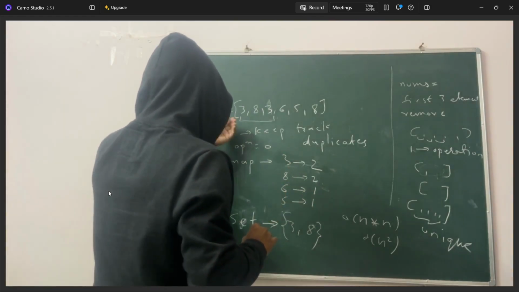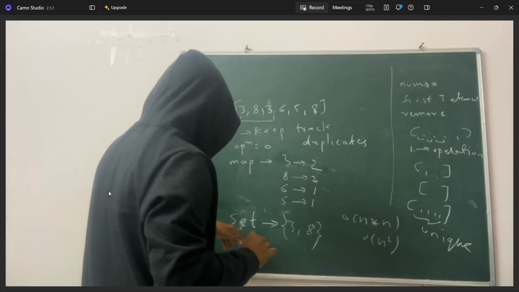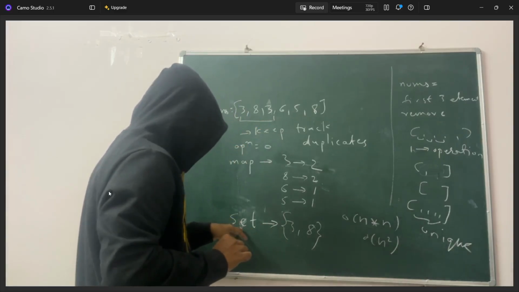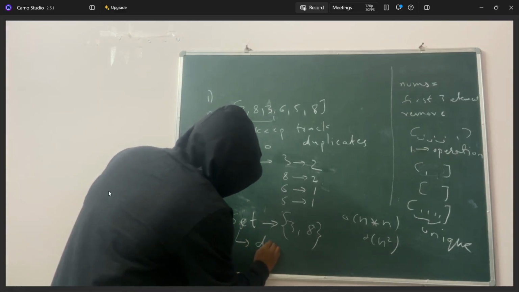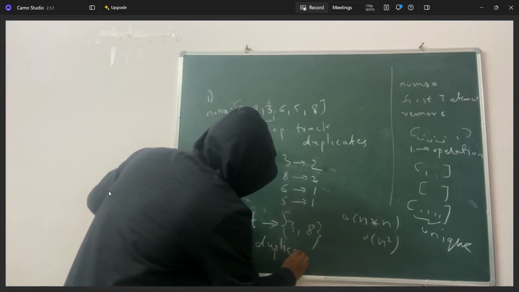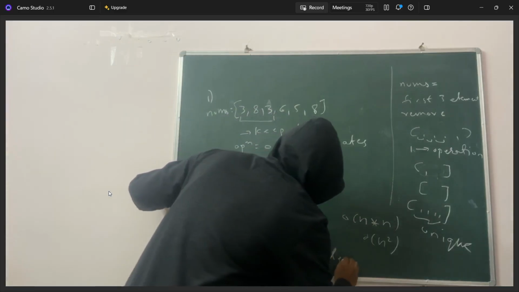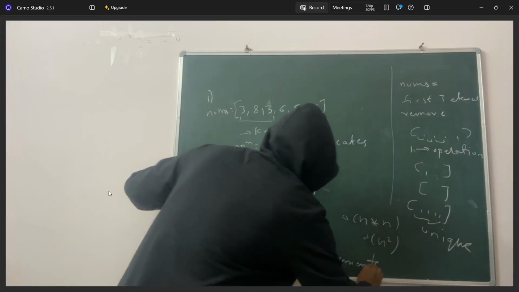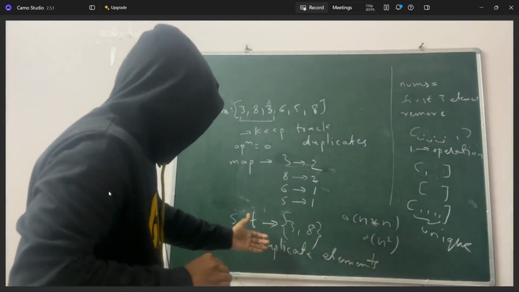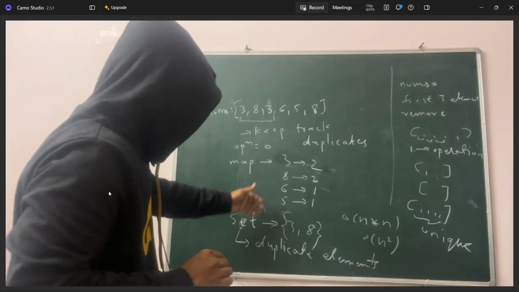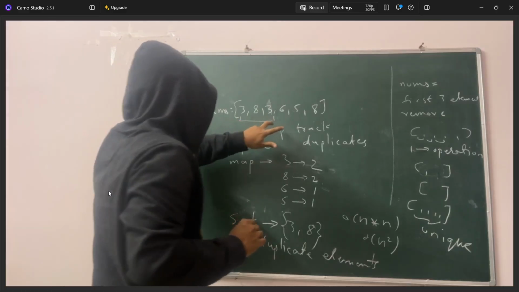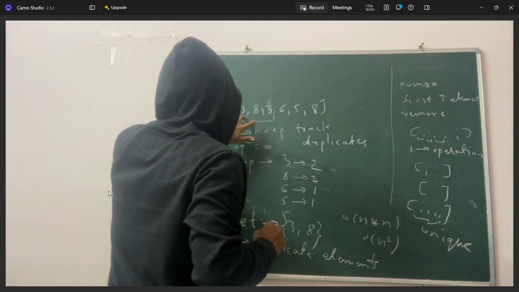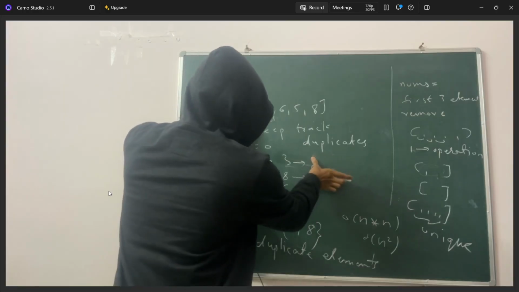When I try to remove these 3 elements, first I'll check if we have any elements in the set. This set will keep track of duplicate elements, okay. So if its size is greater than 0, which means it is not empty, we have some duplicate elements. So now these 3 elements we'll have to remove. First we'll remove 3, so its frequency is reduced.